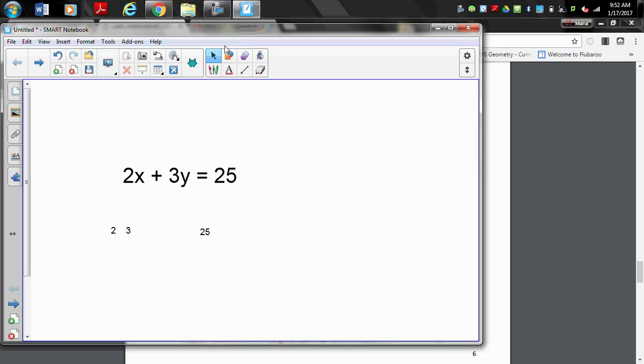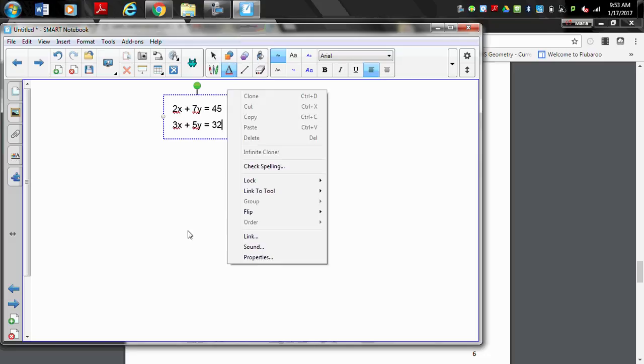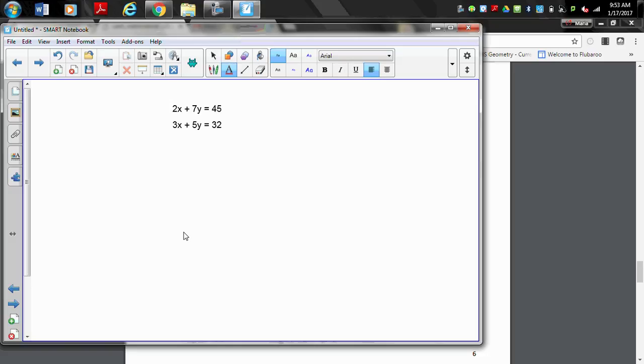So if we have a system of equations that says 2x plus 7y equals 45, and the next equation says 3x plus 5y equals 32.